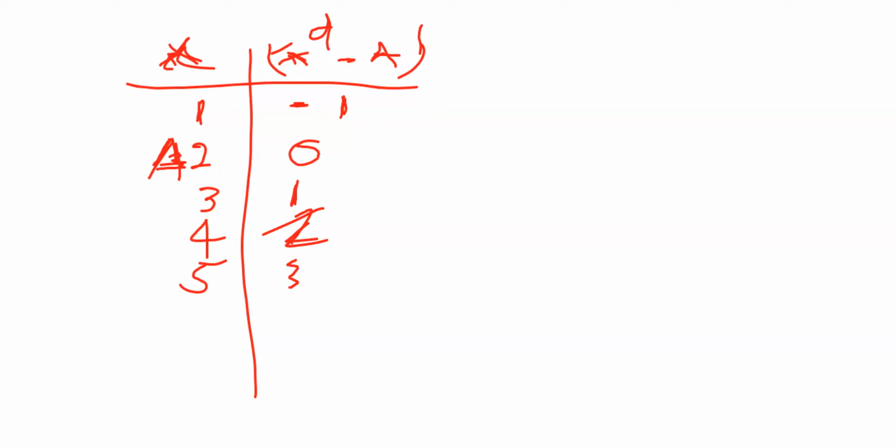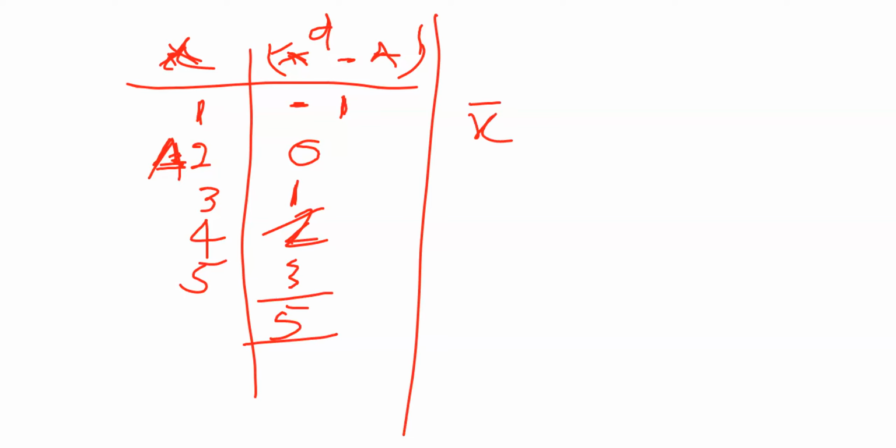The next thing is to add everything together. Minus 1 plus 1 is gone, and the result here is 5. Without wasting much of our time, the actual mean is the assumed mean, which is A, plus the summation of the deviation all over n.